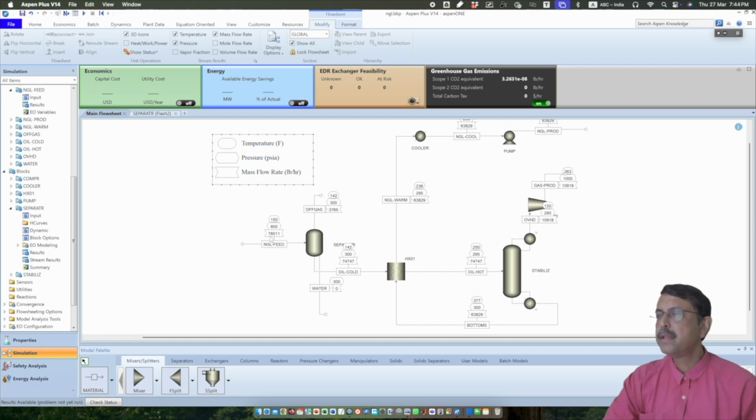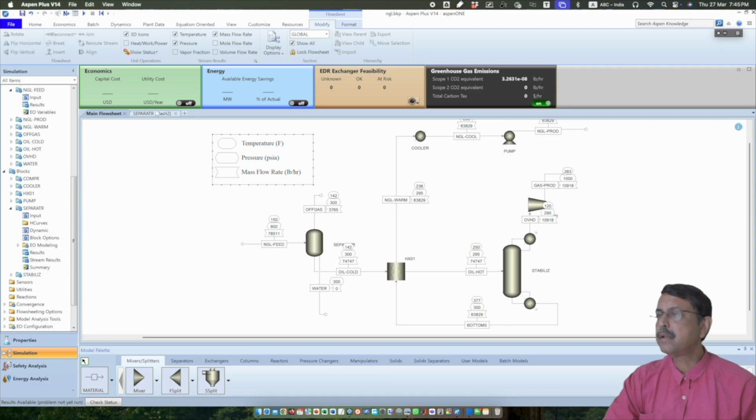So out of 78,000 pounds per hour, we have only 3,765 of off gas, and the rest, the majority, is going through the bottom, in the liquid phase. And surprisingly, there is no free water over here.